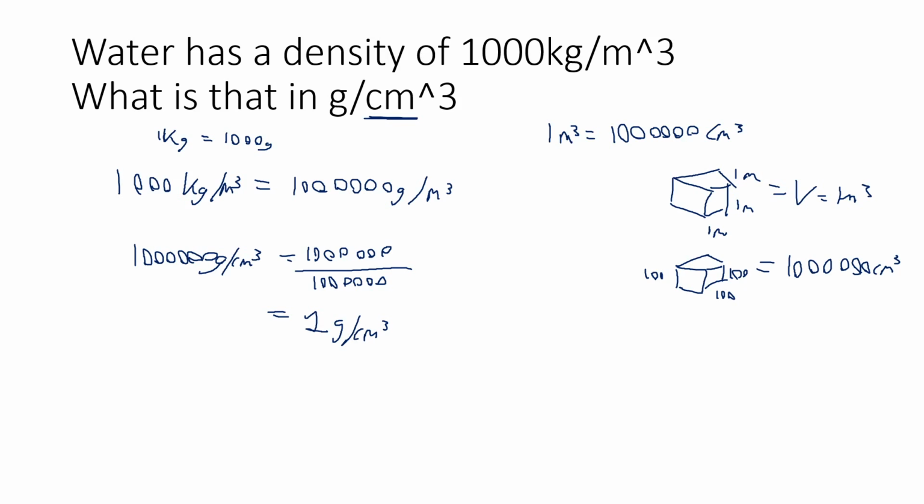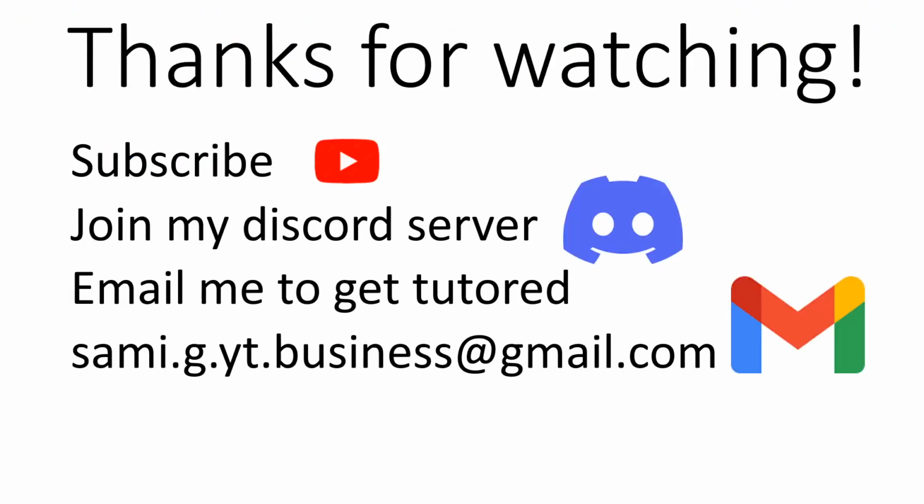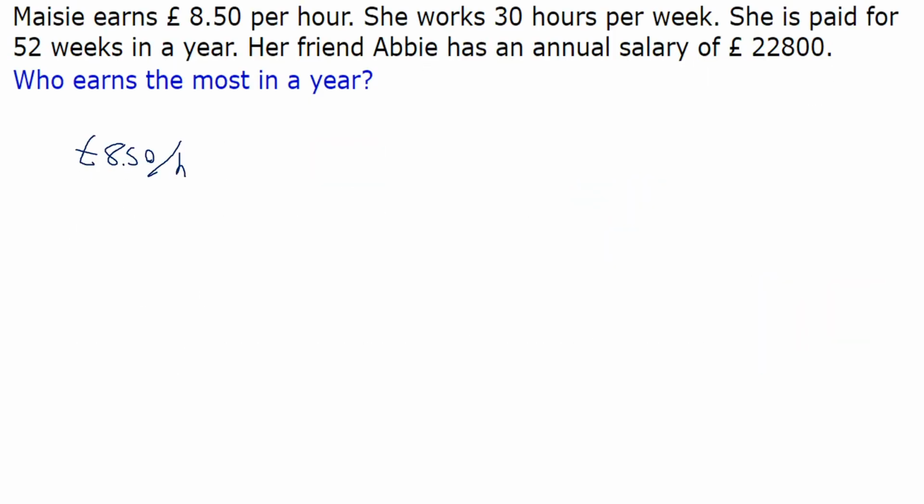Okay? Now, compounded measures also work in real life problems. So if, let's say, we're comparing Maisie and her friend Abby, and we're comparing how much money they make. Maisie earns £8.50 an hour, so £8.50 per hour, right? And she works 30 hours a week for 52 weeks of the year. Sorry. How much is she going to make in a year?